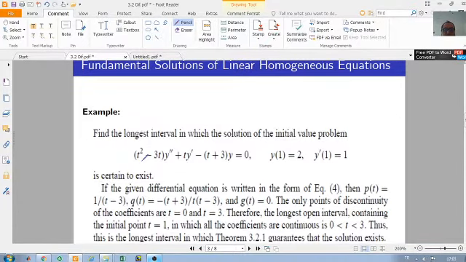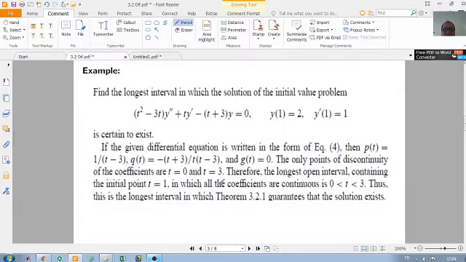For example, find the longest interval in which the solution of this initial value problem is certain to exist. In which interval do we have exactly one solution for this differential equation? When we look carefully at the differential equation, we see that it is a linear second order differential equation.